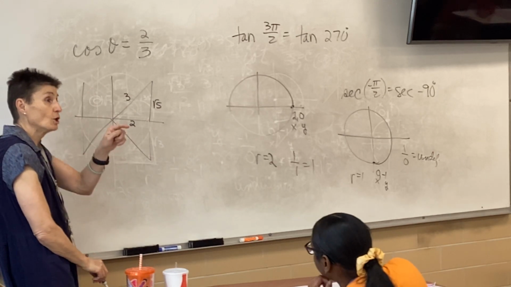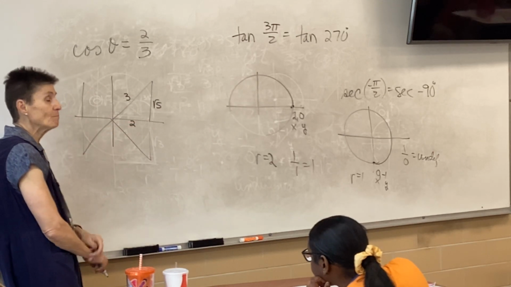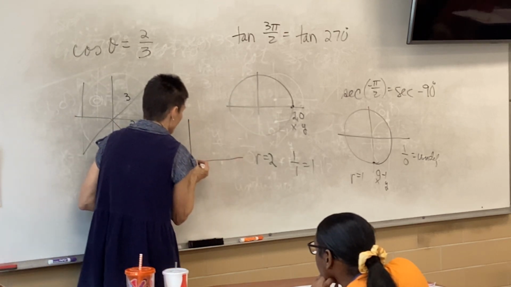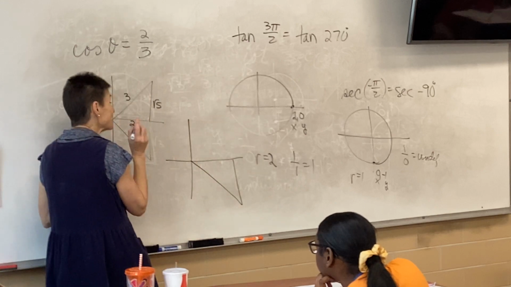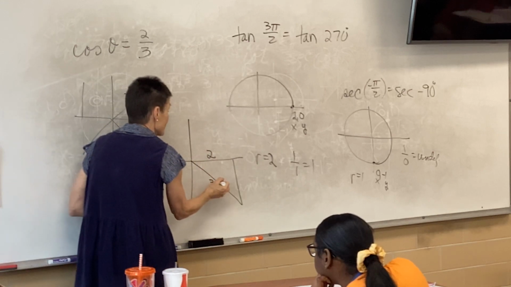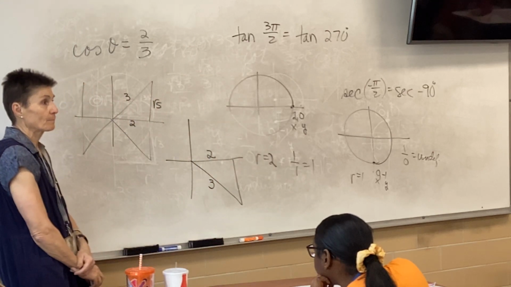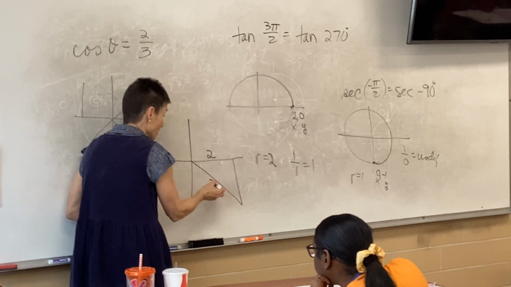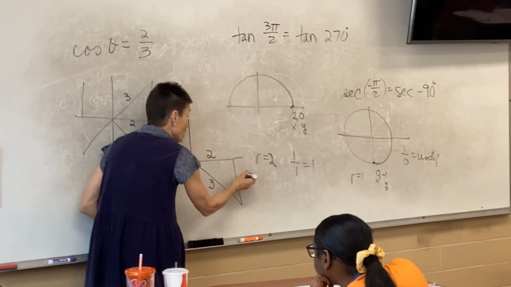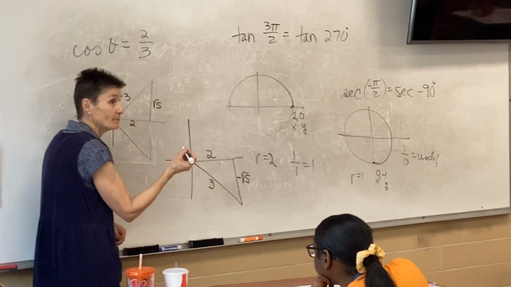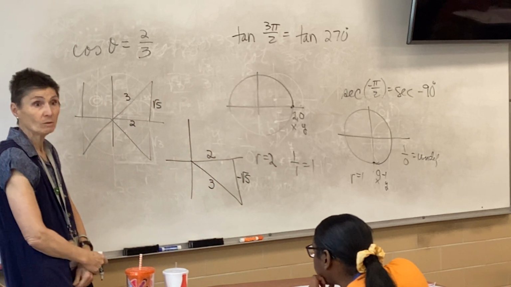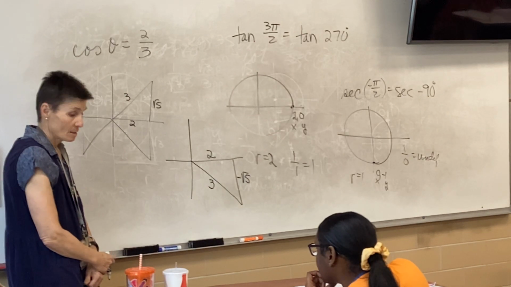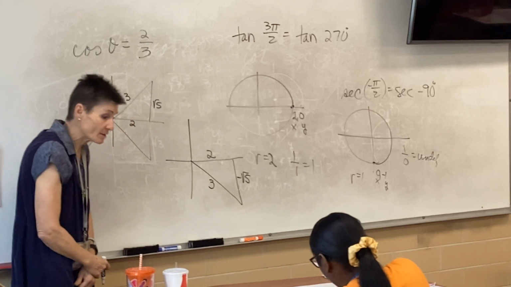The quadrant below works, Meg says, because in this quadrant, let me just draw that one triangle so it's not so confusing. Is the cosine still 2/3? Yes. But now, this third side, Pythagorean theorem, 9 minus 4, will be negative √5, because I'm down below. It says find the sine.